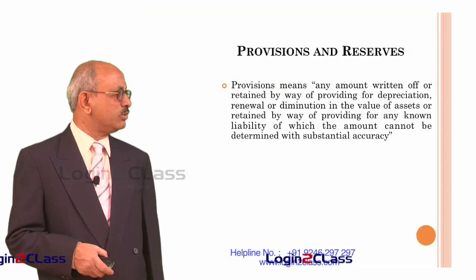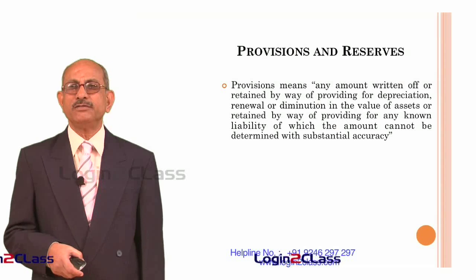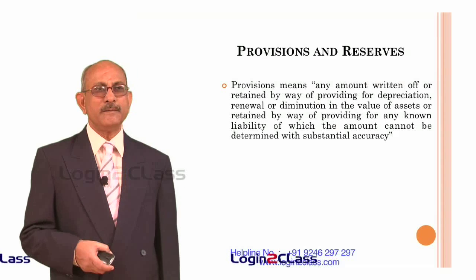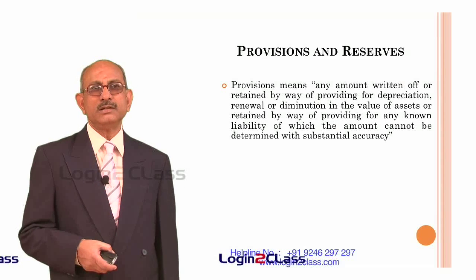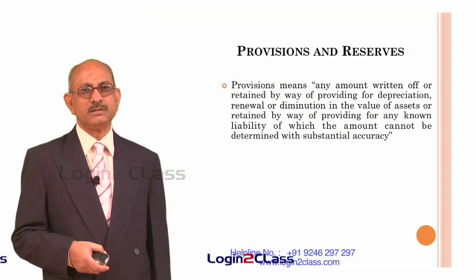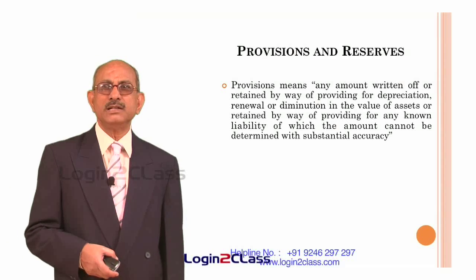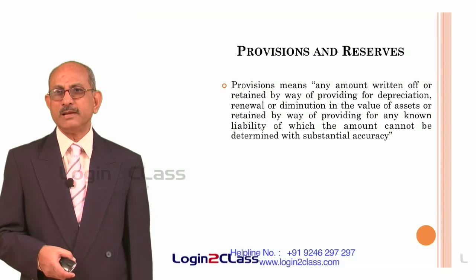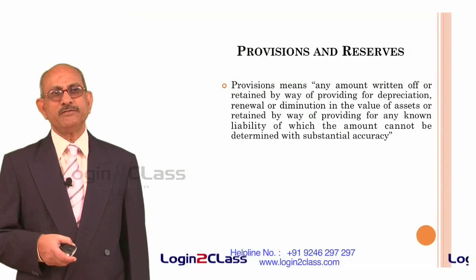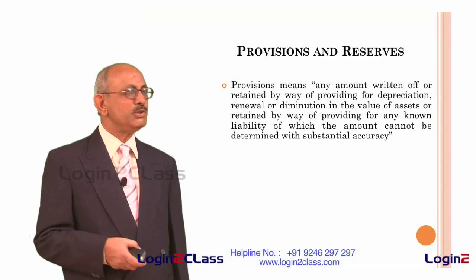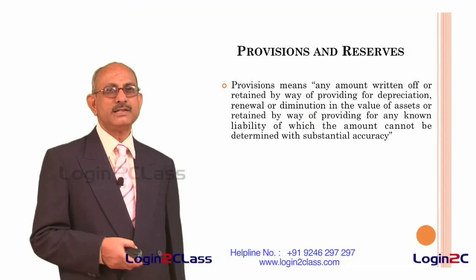So they can pertain to assets where we want to provide for depreciation or diminution in the value of the asset. For example, we want to provide for diminution in the value of receivables. Suppose we find that the sundry debtors, some of them could be turning into bad debts at a point in time in future. So we want to provide for that as a precaution. So that is accounting for diminution in the value of the asset. So that is treated as a provision.